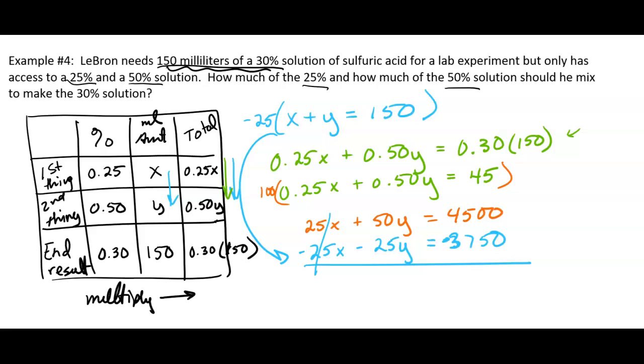Those cancel out. I'm going to get 25y equals, and then what do I get here? 4,500 minus 3,750, 750.